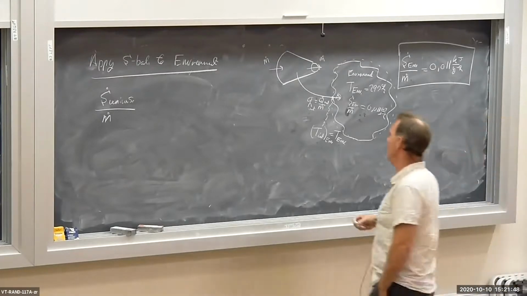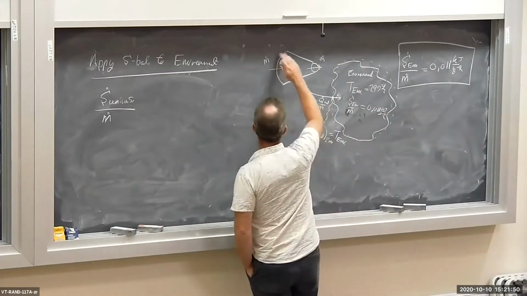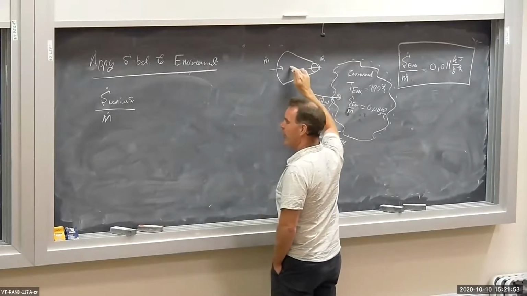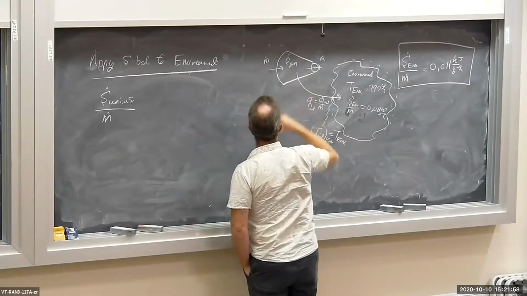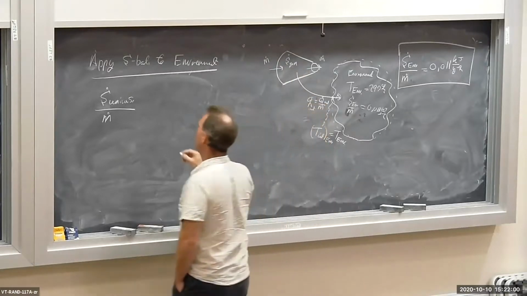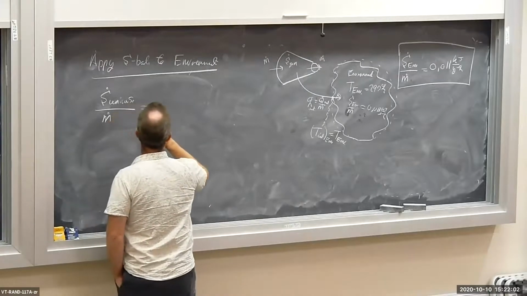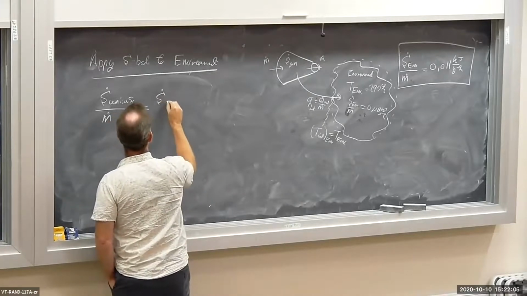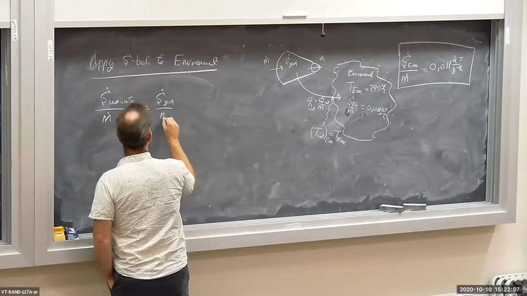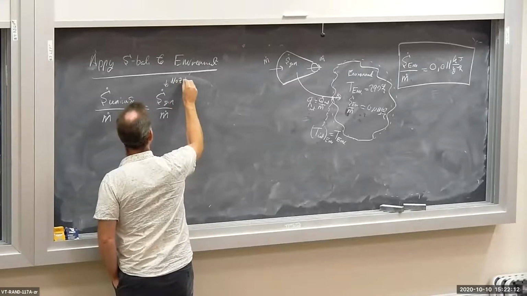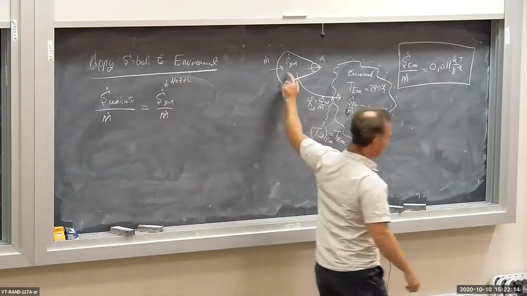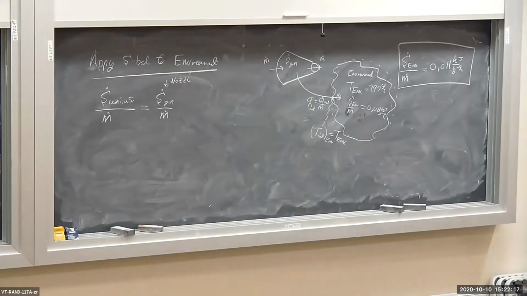Well, the rate of entropy change in the universe is equal to the entropy generated per unit mass flow in the nozzle. So we have S dot gen over M dot, and this is for the nozzle. So the entropy generation inside of my nozzle. Okay, so that's going to increase the entropy of the universe.